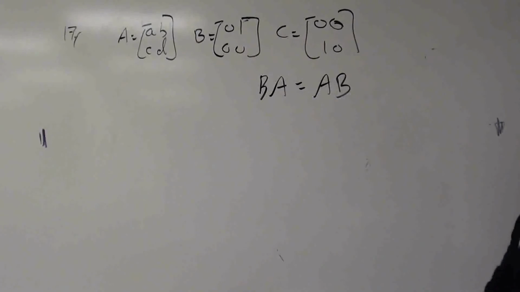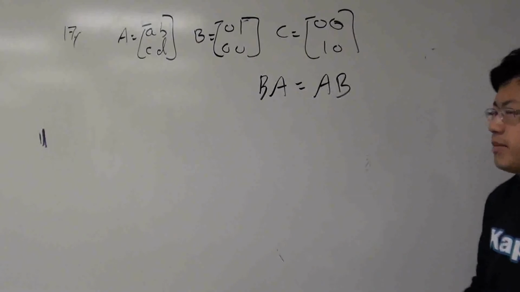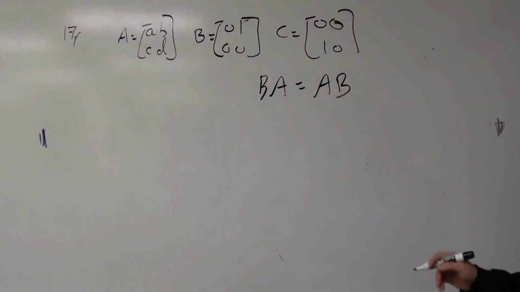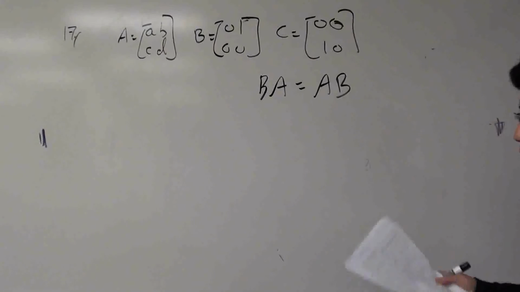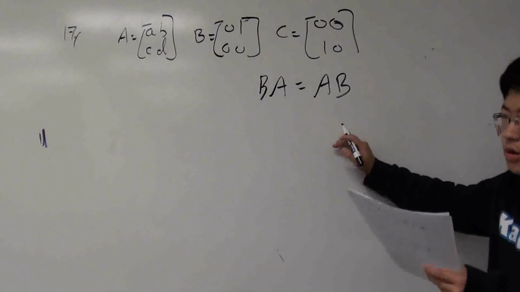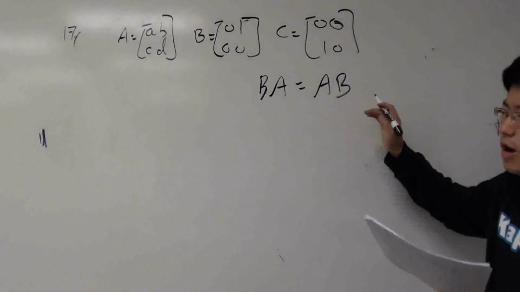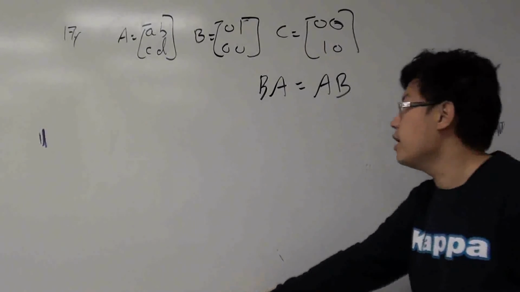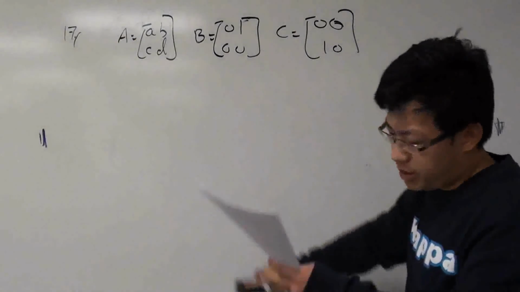Order does matter, for a variety of reasons, because the entries being multiplied are different, and the dimensions could also be a factor. But if, despite all those barriers, they still manage to make it work, we say these are commuting matrices, or commutable, or whatever you want to call it.